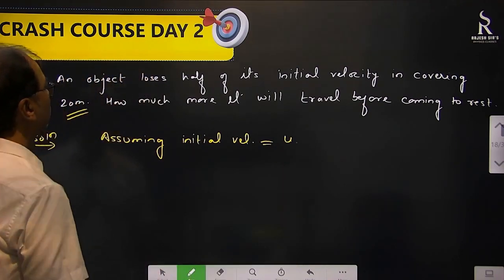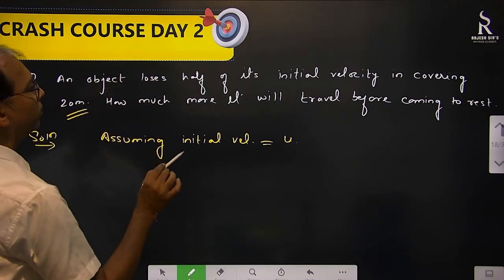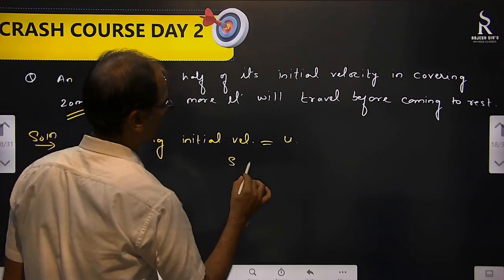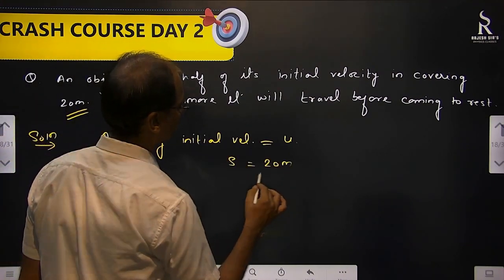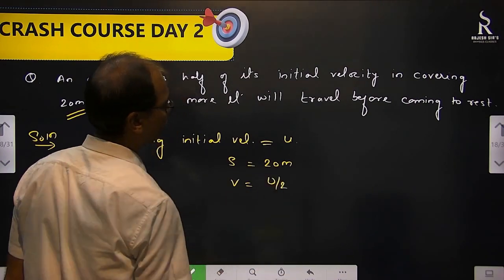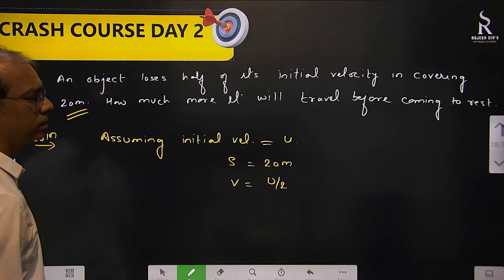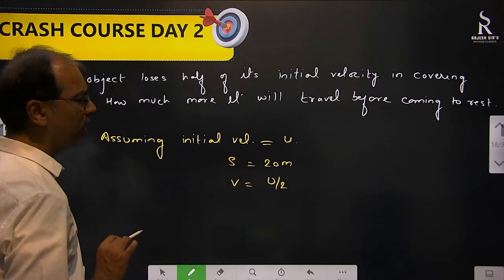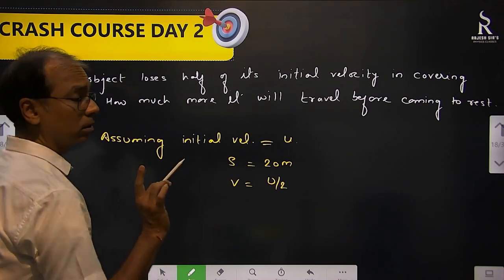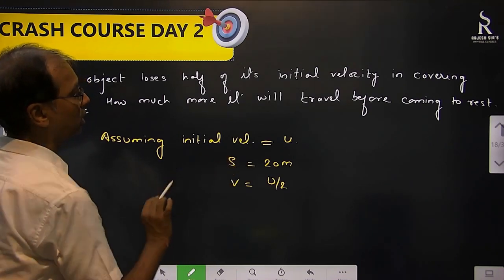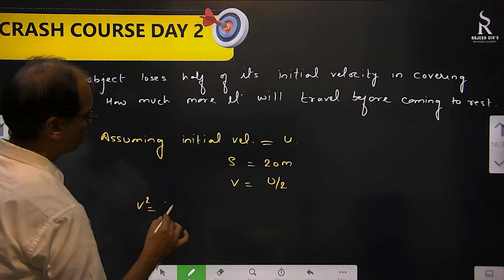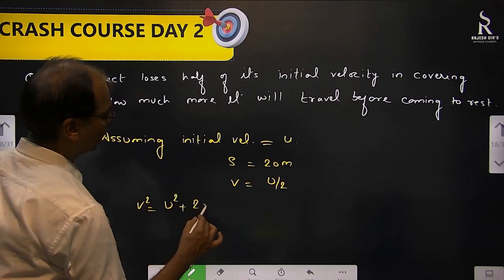Then it says it loses half of its initial velocity in covering 20 meters. So if the distance covered is 20 meters, then its final velocity becomes half of initial, that means u by 2. This is given. So with this itself, what can we do? We can get one equation, the third equation of kinematics, which can give us a relation. v square equals u square plus 2as.